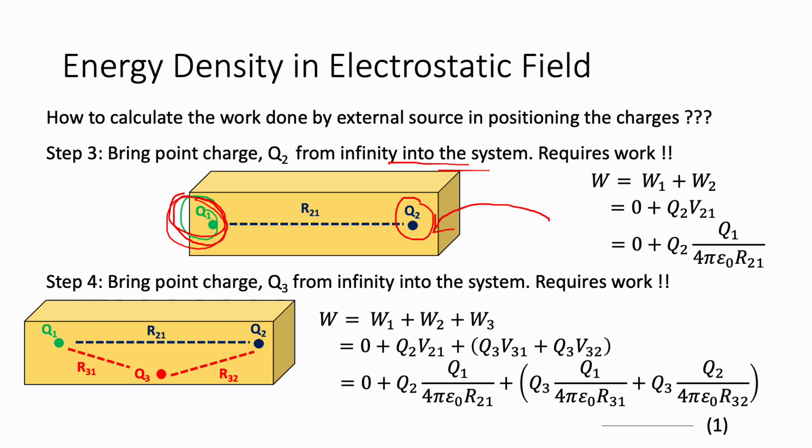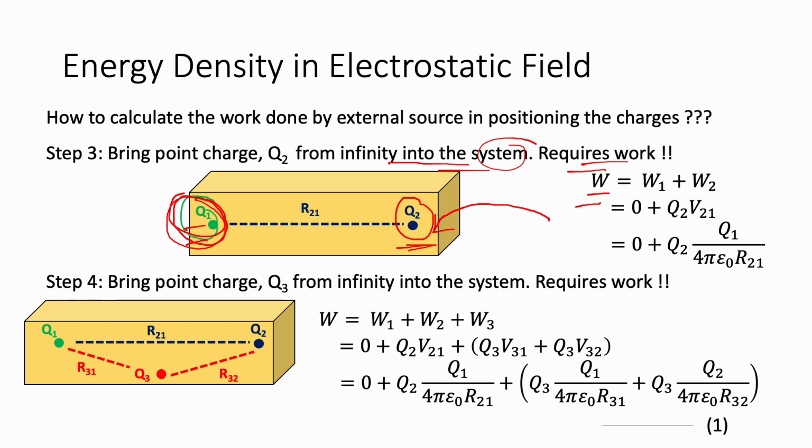Of course, there is going to be resistance, meaning that the existing charge will try to resist this point charge from entering. Since this charge still wants to enter the system, some work needs to be done.